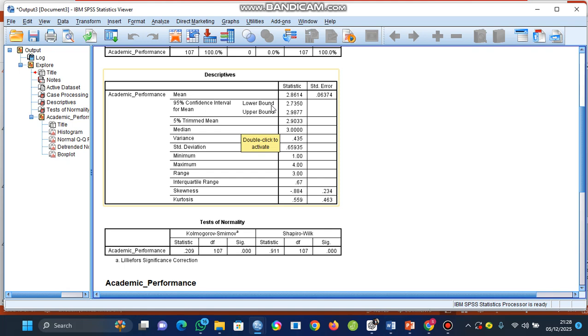You have it there. So the mean here is 2 point something, the median is 3 point something, the standard deviation 0.6 something, the range 3 something. Now just from looking at the mean, the median, the standard deviation, the range, you can already see that this is not a normal distribution, because if this distribution was normal, the mean would always revolve around where you have the median.